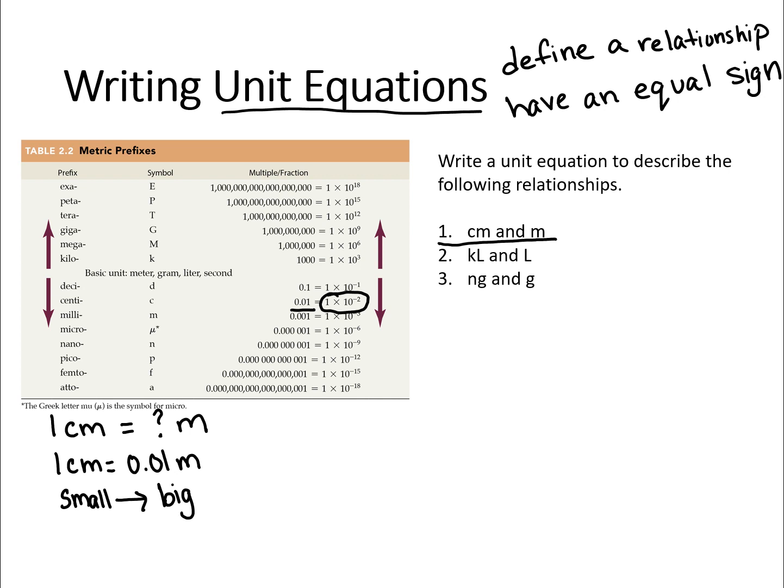Because if we were doing femtometer, you're not going to want to write out all those zeros. You're going to want to use scientific notation. But just pulling it directly from the chart, the sign of the exponent may not be right. So if you're going from a small unit to a big unit, the exponent that you're going to use for that big unit is going to be negative.